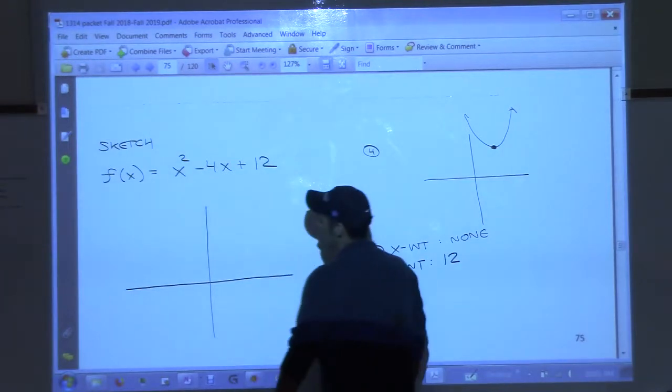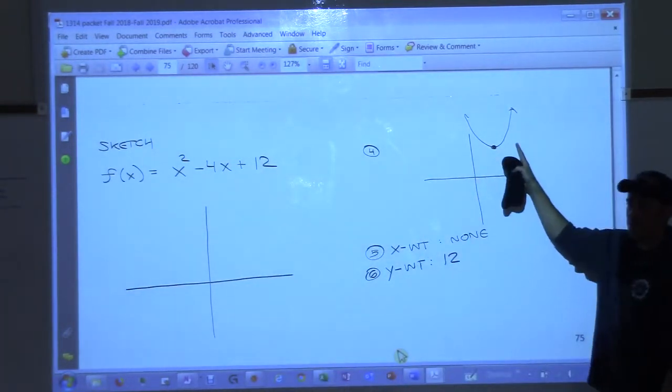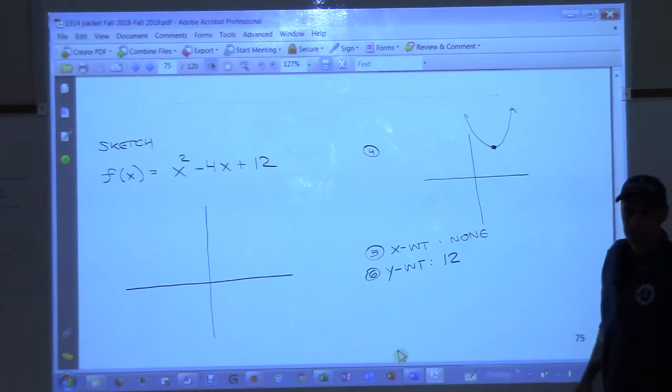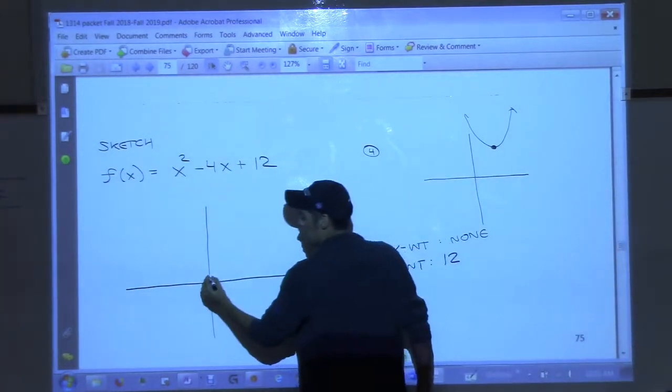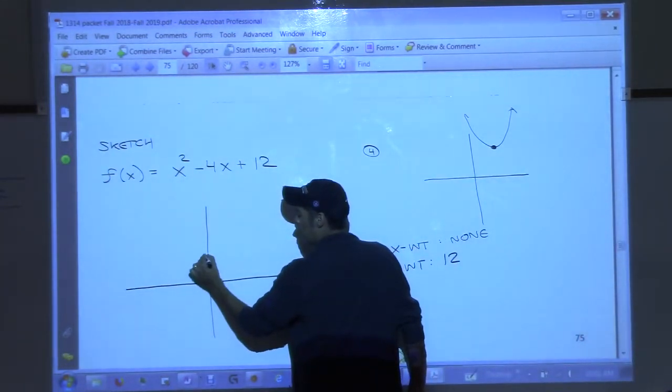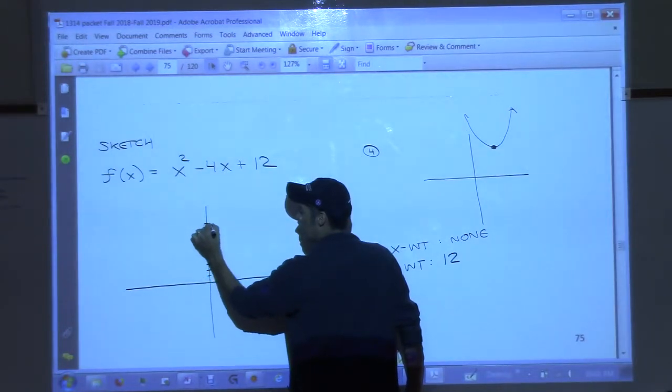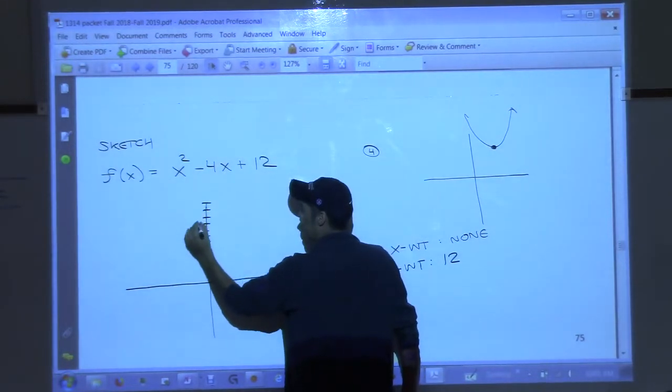All right, my vertex is at (2, 8), and my y-intercept is at 12. So I think the way I'll do this is like 1, 2, 3, 4, 5, 6, 7, 8, 9, 10, 11, 12, 13, something like that. There's 12 right there.